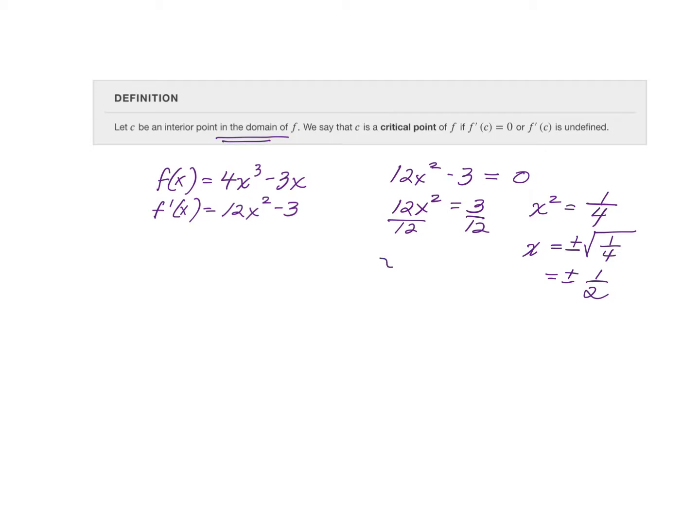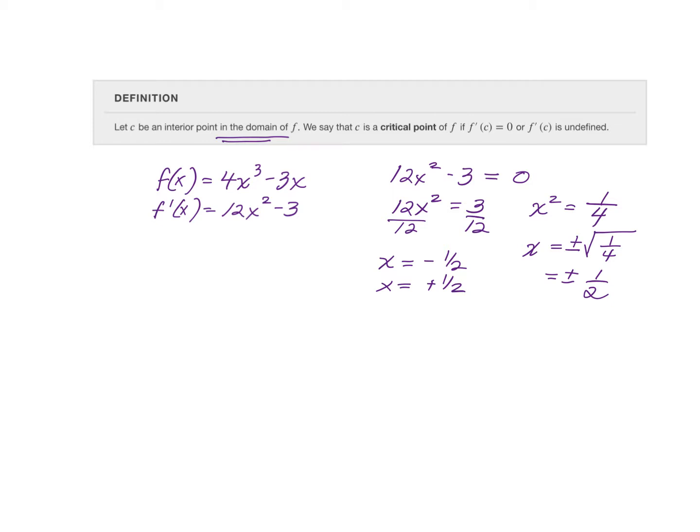So I have a critical point at negative 1/2 and a critical point at positive 1/2. All we're trying to do at this point is identify the critical points. Again, this does not guarantee that we have a maximum or a minimum at that point.